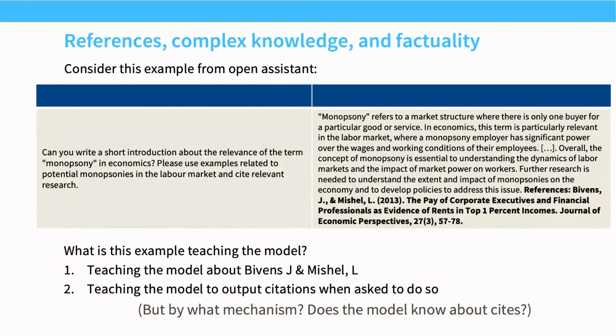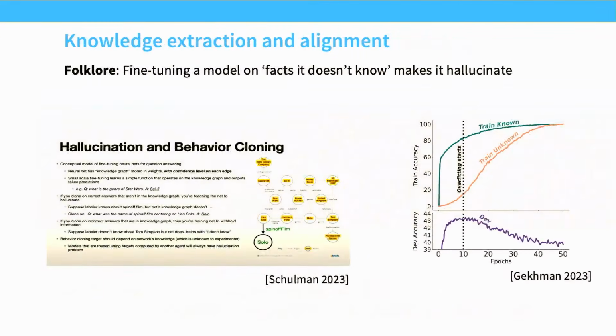It's trying to generalize the knowledge, but also the format. And so teaching it something where you have the format and a piece of unknown knowledge is kind of teaching the model to forcibly emit unknown knowledge. People have shown that if you train on information that you don't really know, this leads to hallucination and overfitting to pieces of knowledge, whereas if you're training on only known facts, you don't necessarily see this.